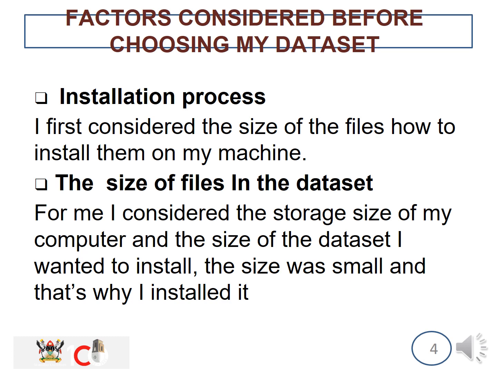There was another dataset I looked at, but the storage size of its files was high, something like 120-something MBs, and I said this one I can't manage, it has a higher capacity. Therefore, I decided to choose this one because its capacity was small.